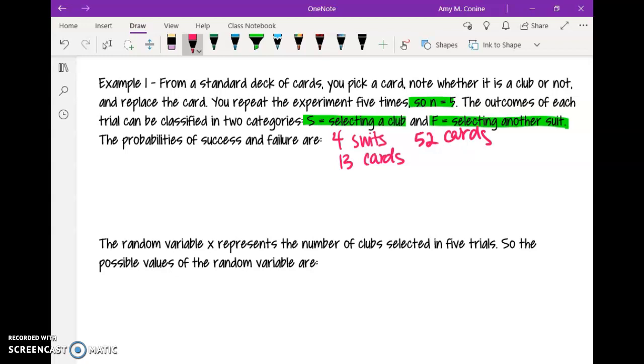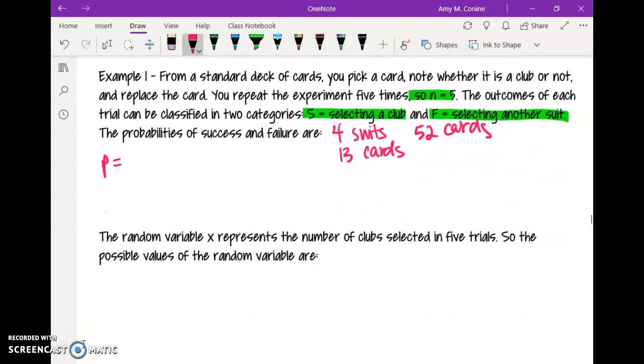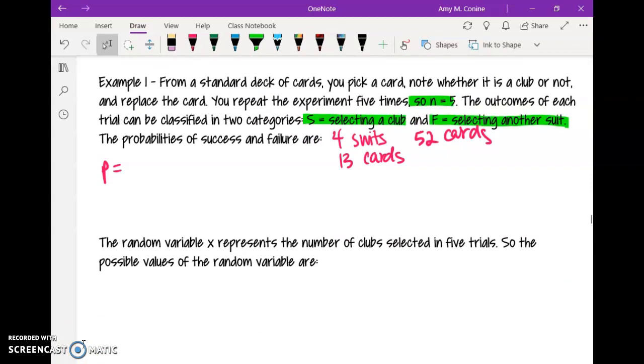Okay, so if you look for your successes, if P is the probability of success, you've got 52 cards, right? Out of those 52 cards, 13 are clubs.